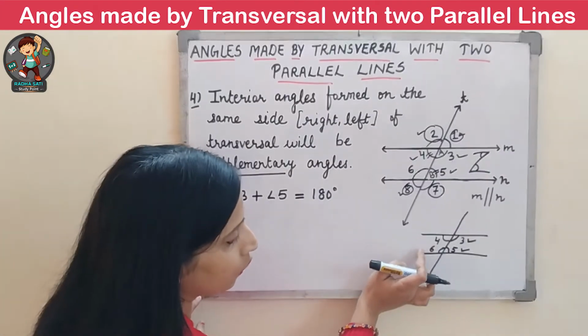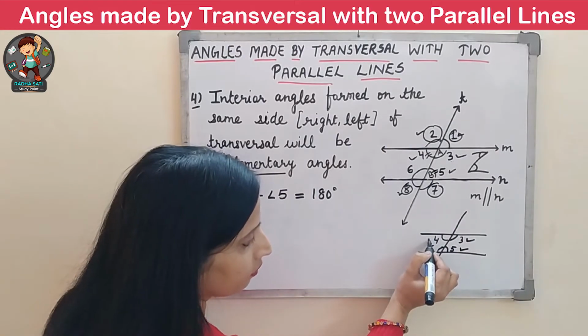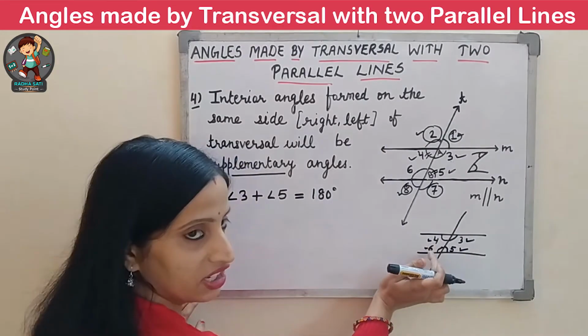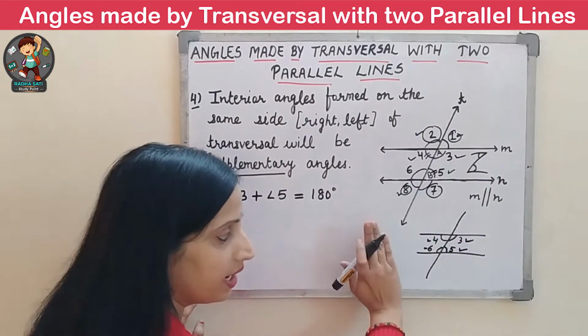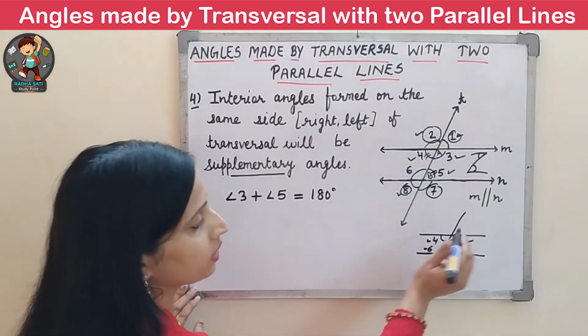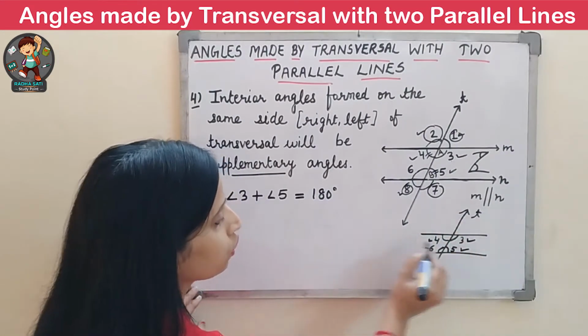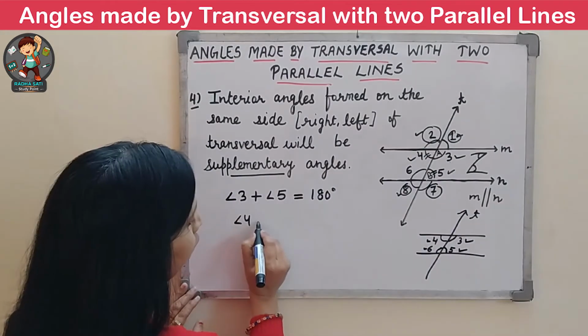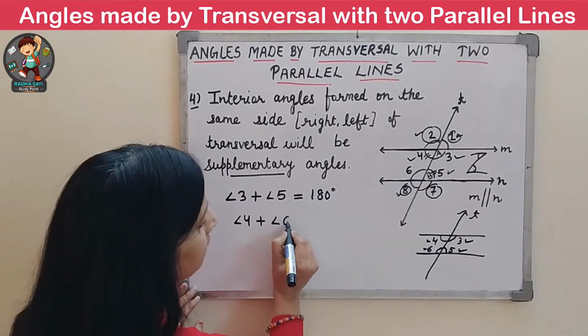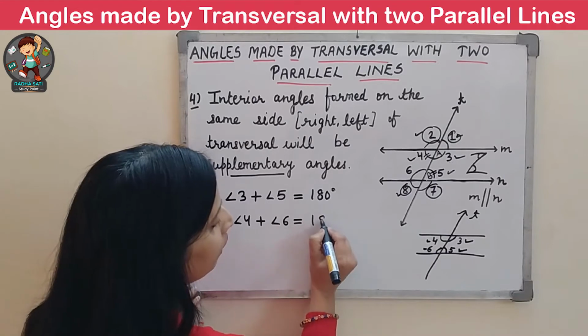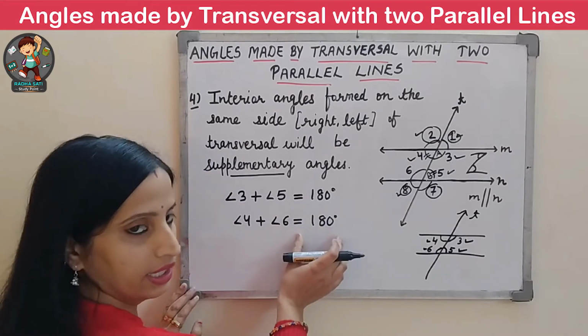Similarly, now we will talk about the second pair. These are also interior angles formed on the left side of the transversal. So the sum of angle 4 plus angle 6 will also be equal to 180 degrees.